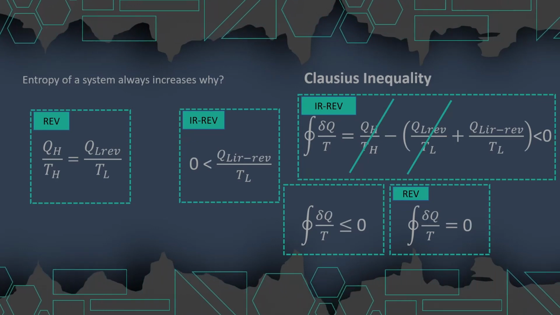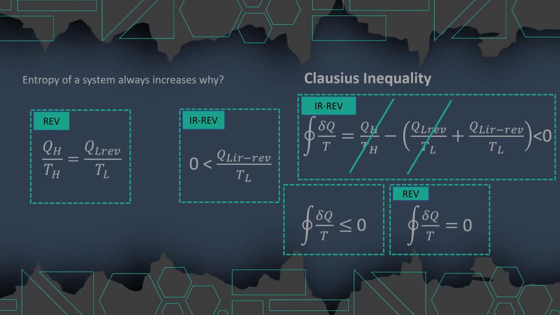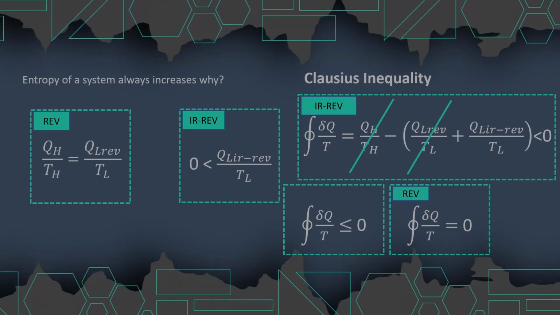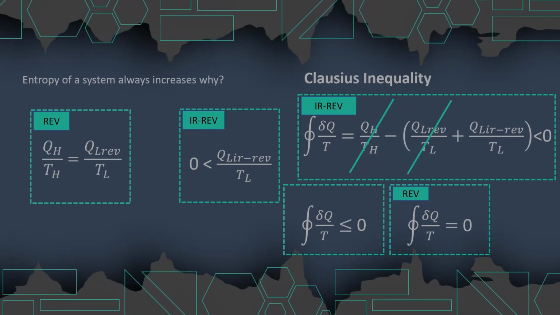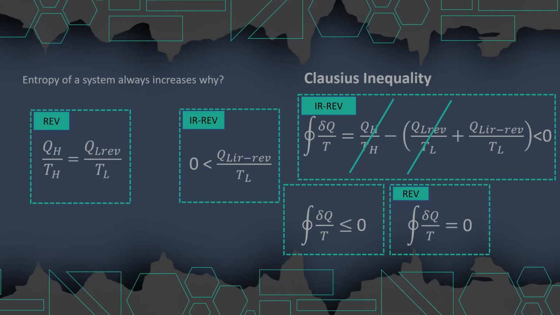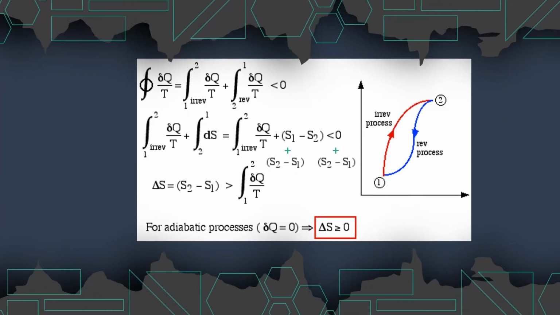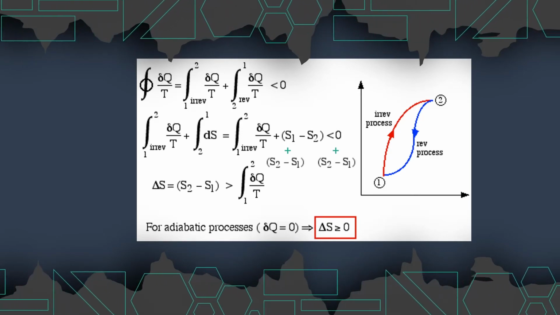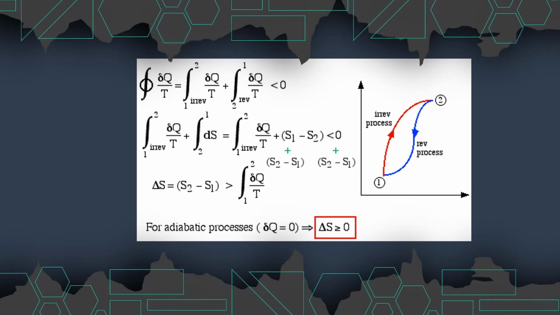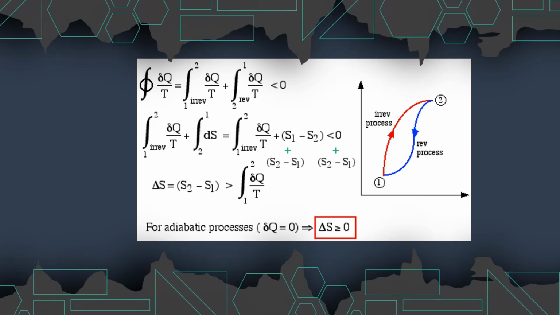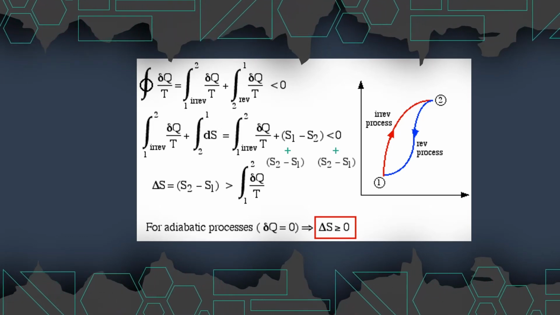Therefore, we can say that the cyclic integral of entropy of a process is always less than or equal to 0. This is called Clausius inequality. Consider a reversible and an irreversible process as shown. The cyclic integral is the sum of the integral from state 1 to 2 and from 2 to 1, and we know that the cyclic integral is always negative for an irreversible process.